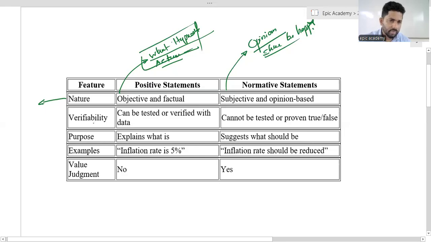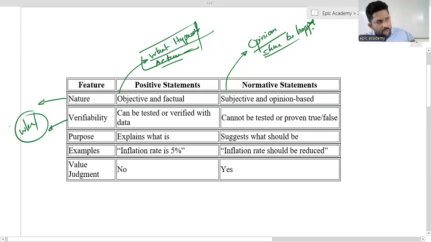Next, the feature related to verifiability. Yes, you can test the positive statement. You can verify it with real world data, because it describes what happened, what was happening and what will happen.